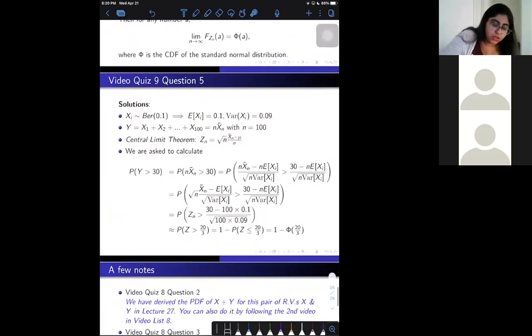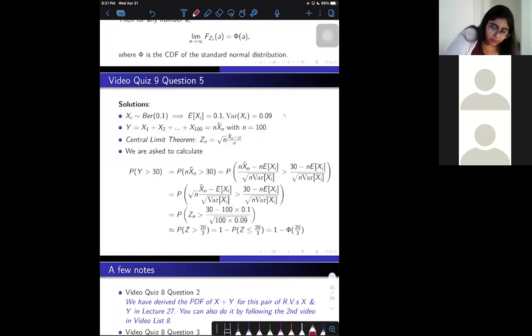And we define Y as the sum of these variables. Since they're independent, we can write it as n Xn bar, the sum of all these, with n equal to 100. Sorry, n Xn bar is the total sum, as the mean of the total sum is n times the mean of Xn, with n being 100.